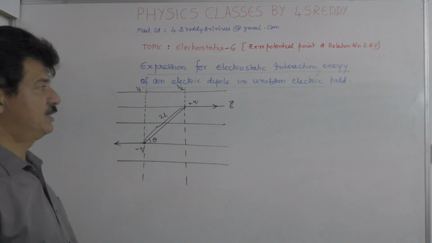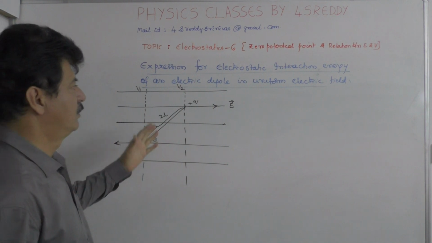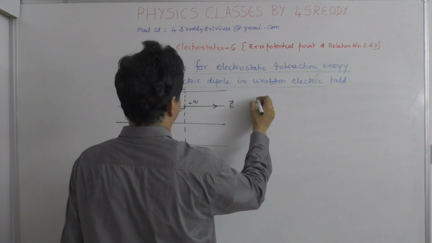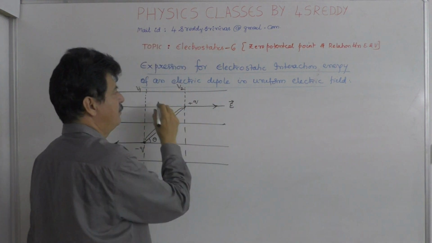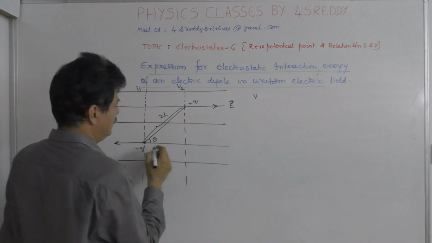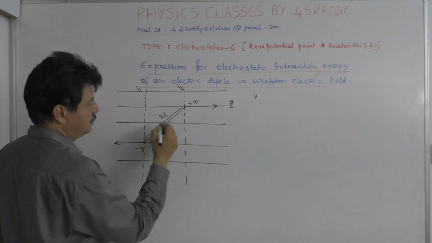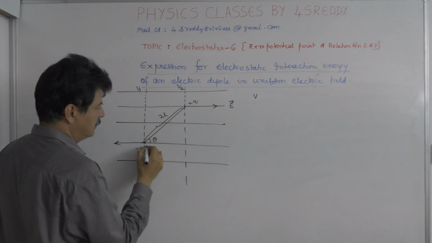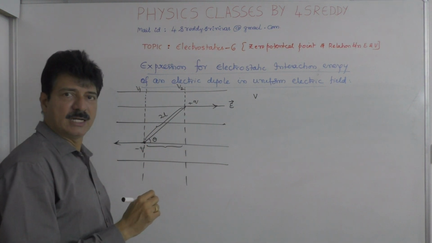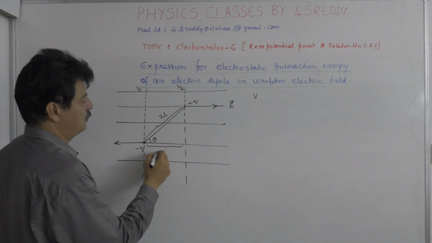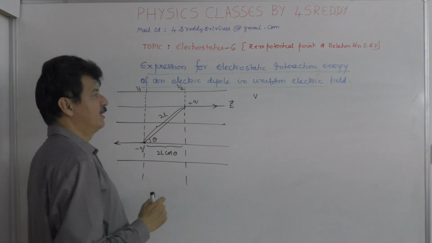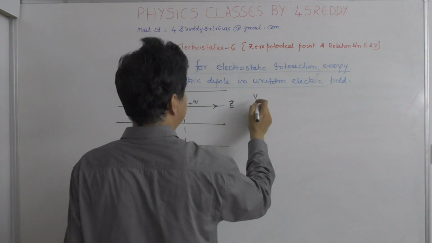Now, first of all, the potential difference here. What is the perpendicular distance? If this is 2L, then the distance between these two is 2L cos theta. Therefore, E is equal to minus dV over dx.